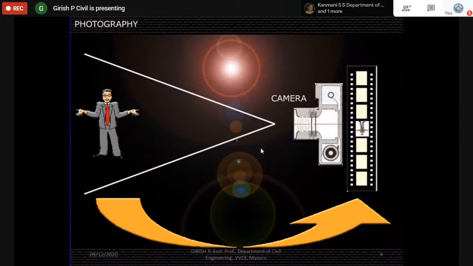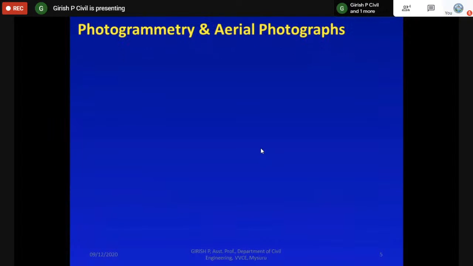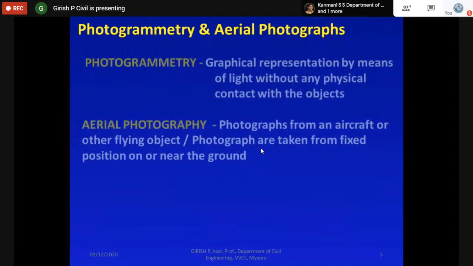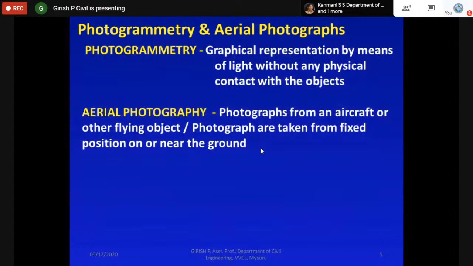If you see a camera device, it will capture the object without any physical contact. Behind that, there are a lot of geometrical aspects involved, but a graphical representation by means of light without any physical contact, that we call photogrammetry.